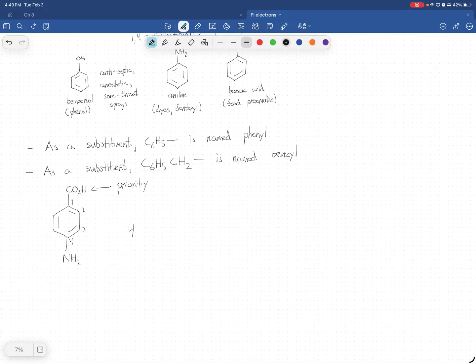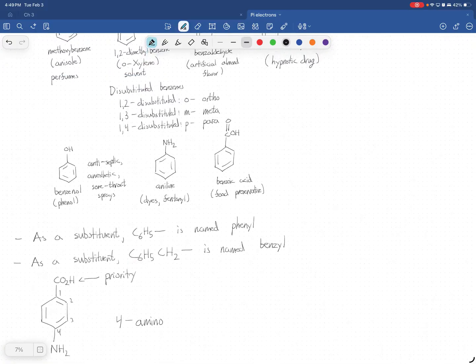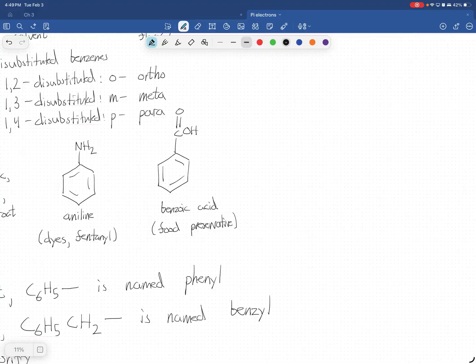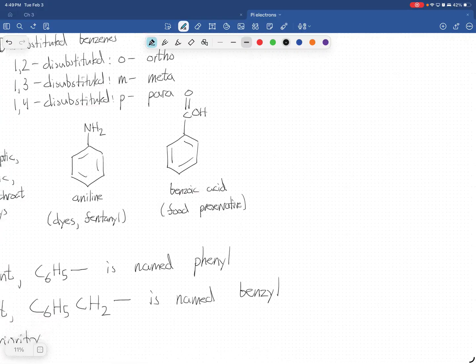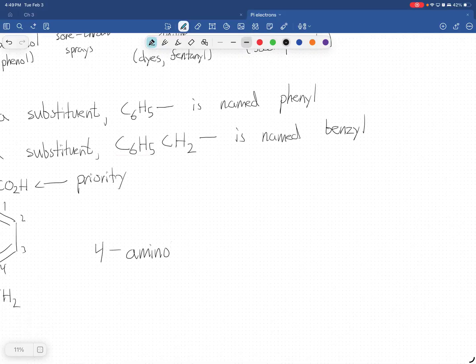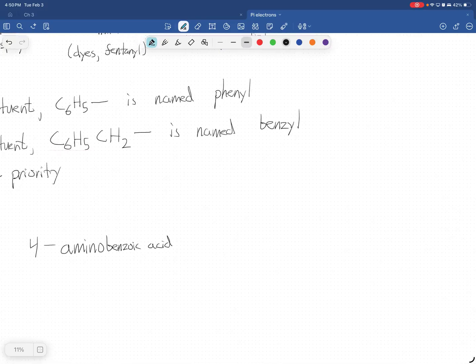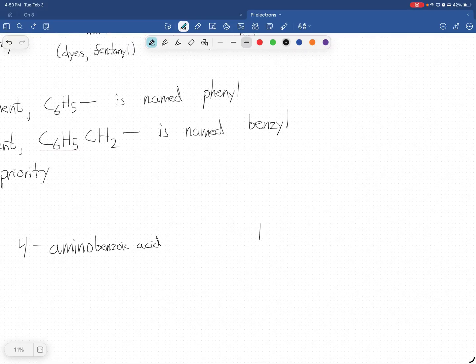So when that has priority, the amine is a substituent, 4-amino. So that's when we have nitrogen as a substituent, amino. And then what's the parent name for benzene and an acid? What acid did we just go over here? Benzoic acid. So we use the parent name of that one. So this would be benzoic acid.